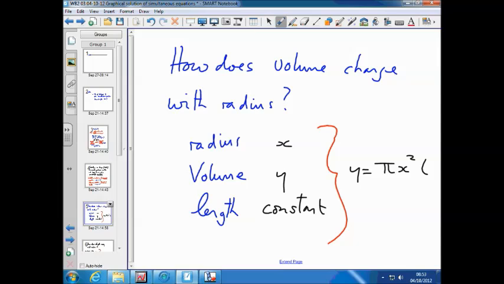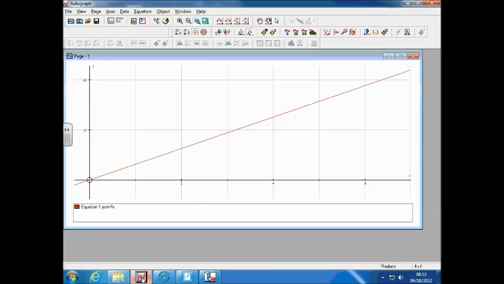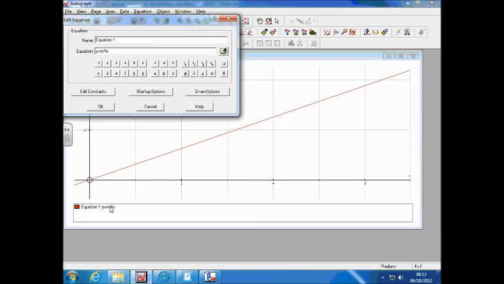The key thing is y and x. So now if I plot this on autograph, so let's go back to autograph, just change this equation to y equals pi x squared L. So now I'm changing the r to an x, and I'm changing the x to an L.